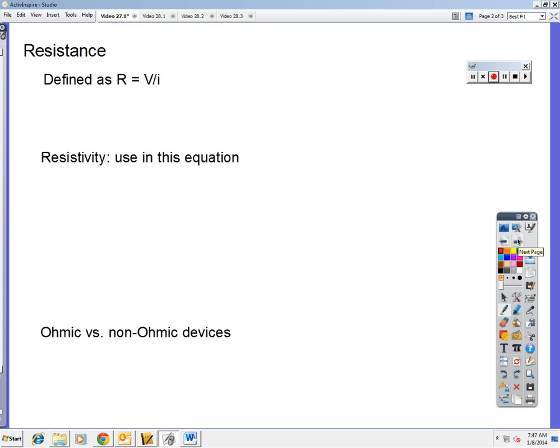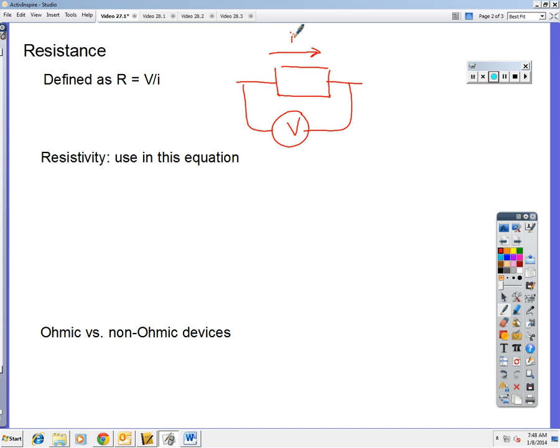Now the next idea is resistance, which we define as the ratio V over I. So if you've got some circuit element here, and you have a voltage across it, and a certain amount of current moving through it, the resistance of that element is V divided by I. There's also the concept of resistivity, which your book develops in great detail.